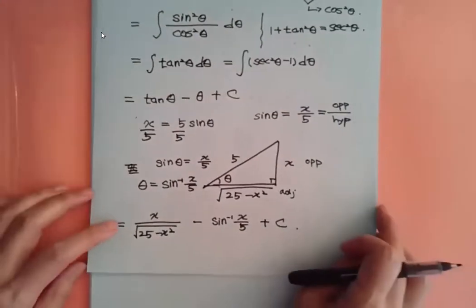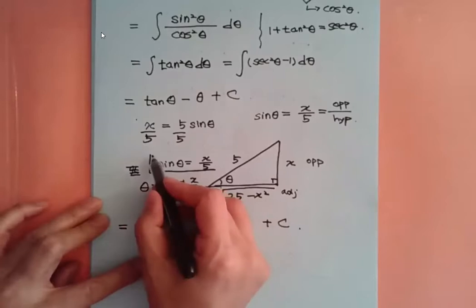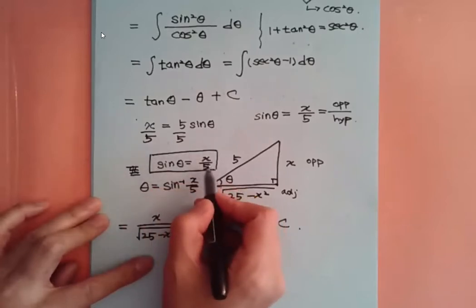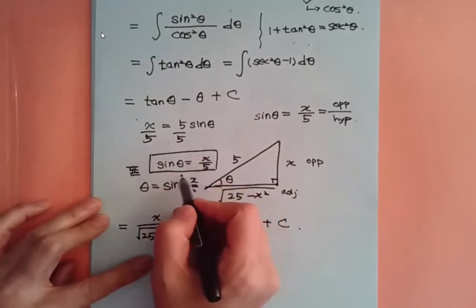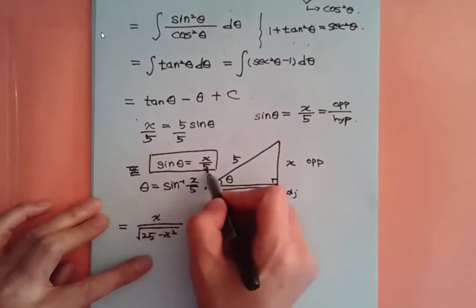So in the previous question, sine was defined as x/5. So when the input is theta, the output is x/5.